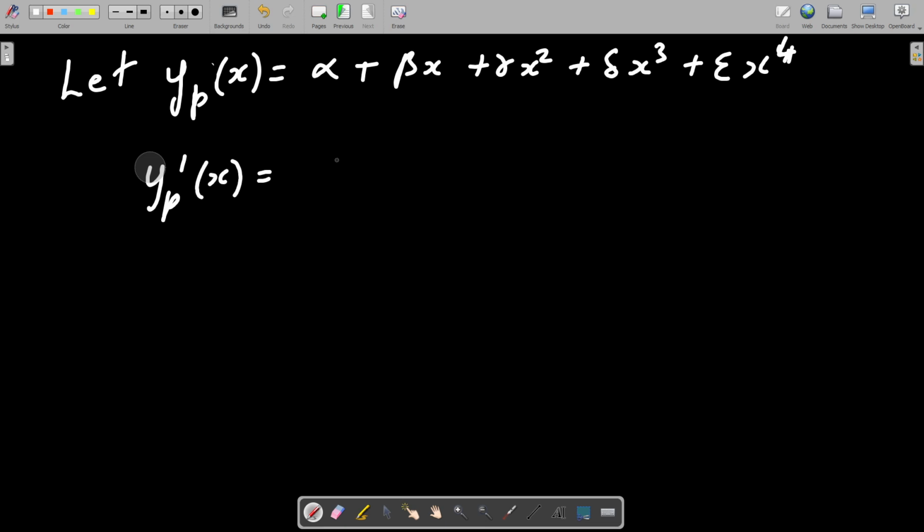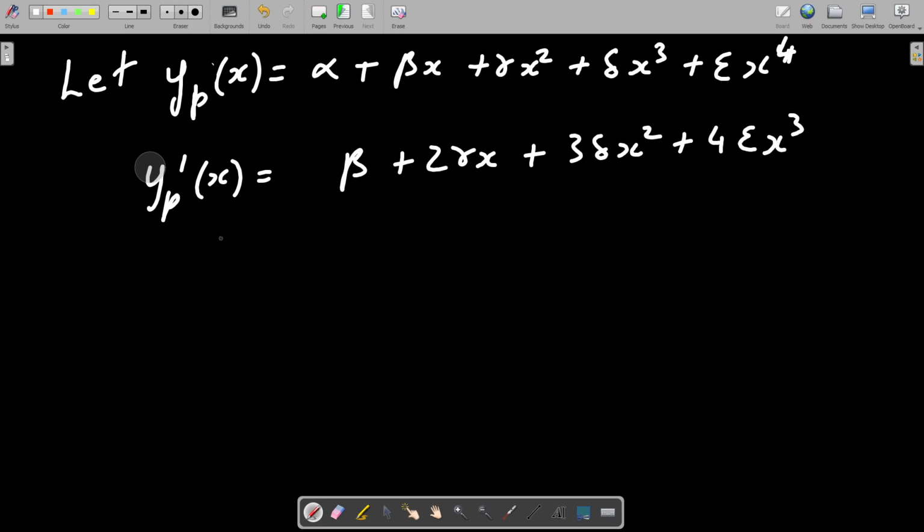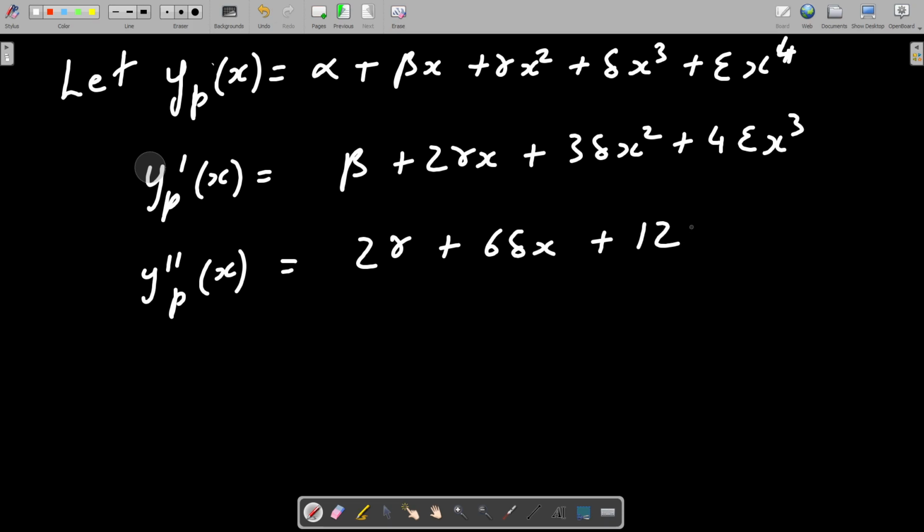This will become beta plus 2 gamma of x plus 3 delta of x square plus 4 epsilon x cube, and yp double prime of x. That's the better way. This will become equal to 2 gamma plus 6 delta x plus 12 epsilon x square.